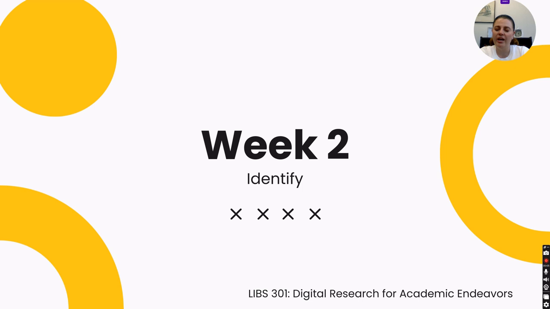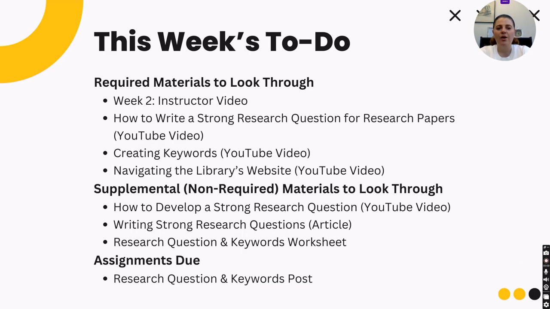This week we will be looking at the information literacy step of identify. For our to-do list, we have four required materials to look through: our Week 2 instructor video, which is this video you are watching now, a YouTube video on how to write a strong research question for research papers, another video which is just creating keywords, and finally, a YouTube video of navigating the Bishop Mueller Library's website.